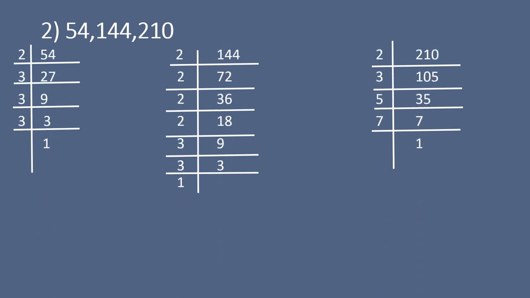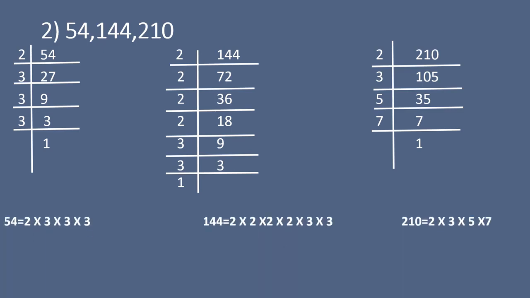Prime factors of 54 are 2 multiplied by 3 multiplied by 3 multiplied by 3. Prime factors of 144 are 2 multiplied by 2 multiplied by 2 multiplied by 2 multiplied by 3 multiplied by 3. And prime factorization of 210 is 2 multiplied by 3 multiplied by 5 multiplied by 7.